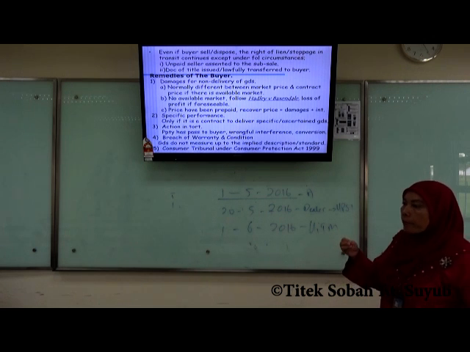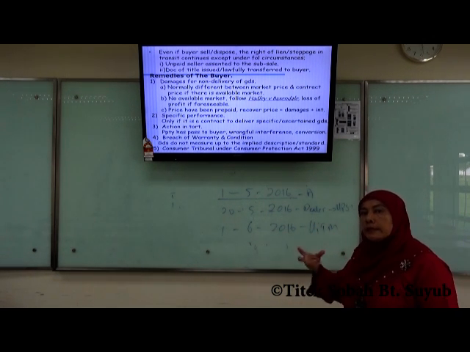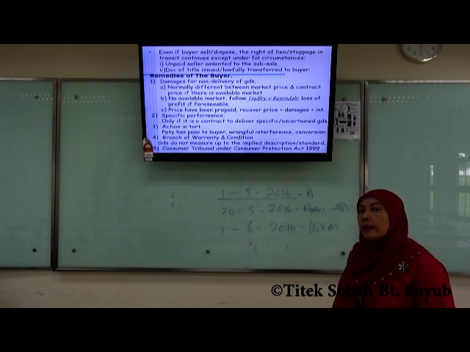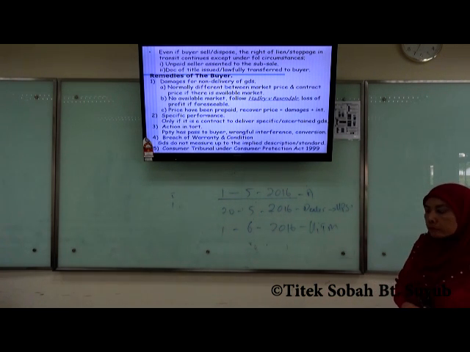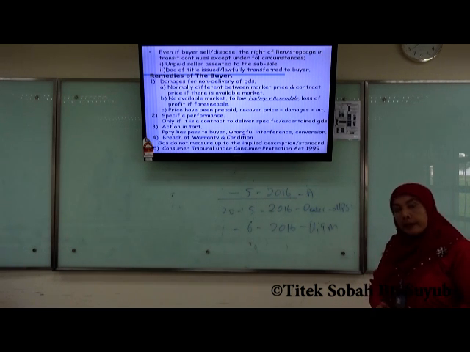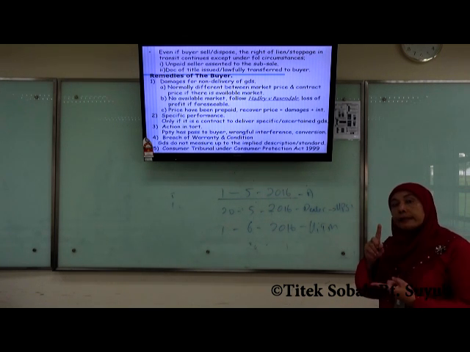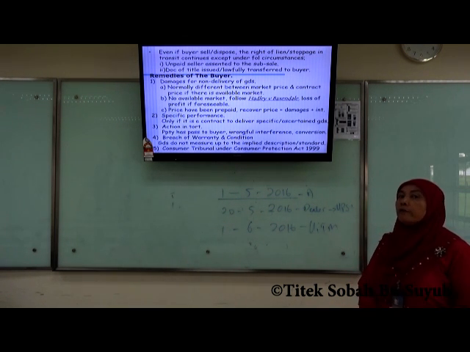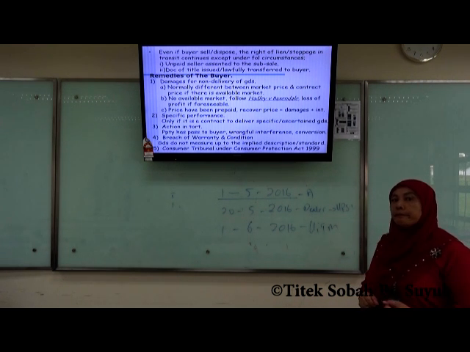This loss of profit which is foreseeable is taken into account as the damages which need to be paid by the seller to the buyer. So that is the damages a buyer is entitled to claim. However, if the buyer had already paid the price of the goods, then of course the buyer can sue for the refund of the price plus damages plus interest.